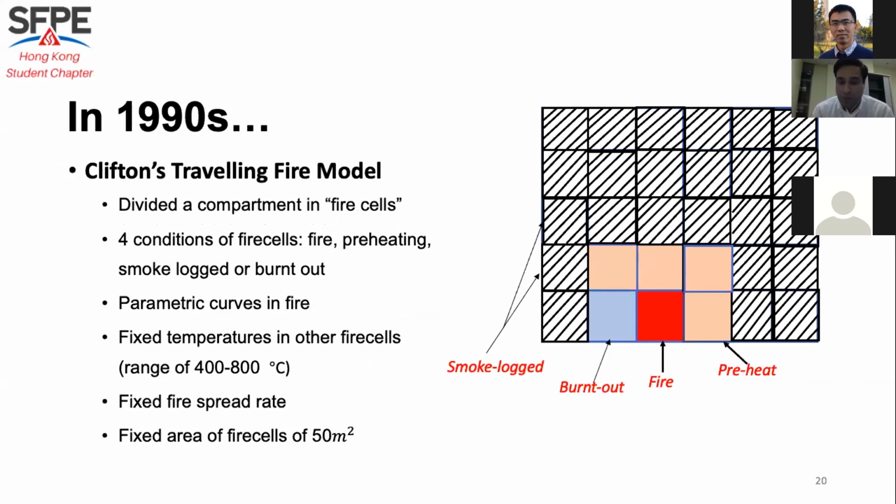So what he did, for a large compartment, he divided it into different fire cells. He called them fire cells. For each fire cell he gave a fixed value, like 50 meters squared.